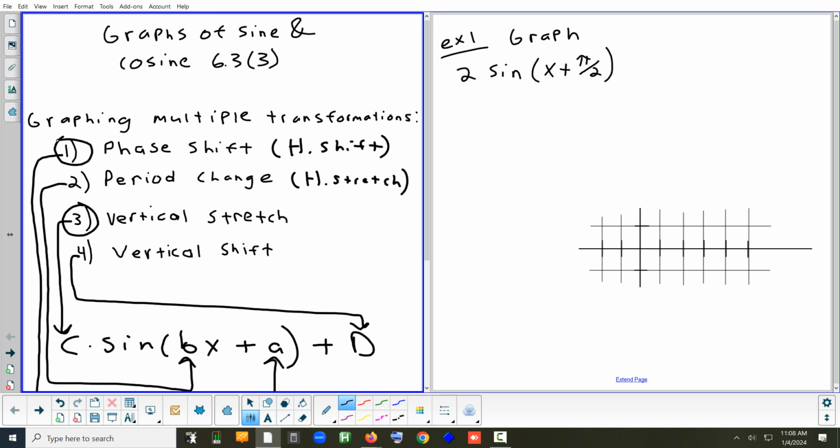So we're going to do the phase shift first, and then we're going to do the vertical stretch second. Now, technically, this is a problem where if you switch the order, it would still be fine. But I don't really want to get into when you can break the rules and do it in a different order and when you can't. I would just say follow this order, and you'll never go wrong. All right, so let's start with the phase shift.